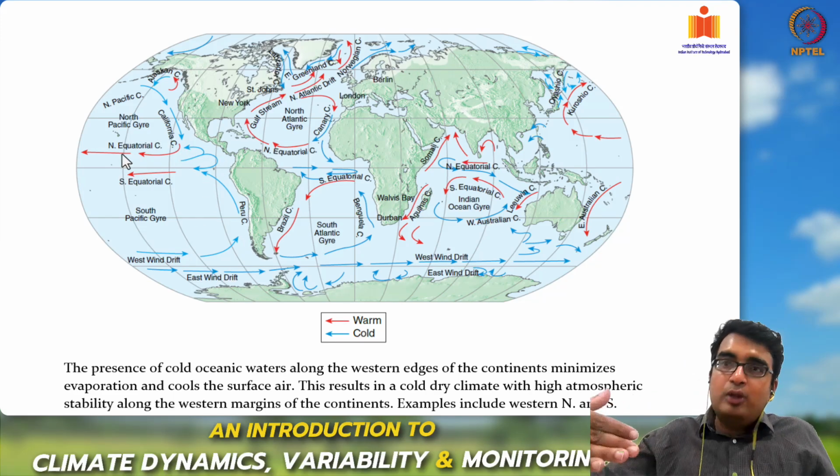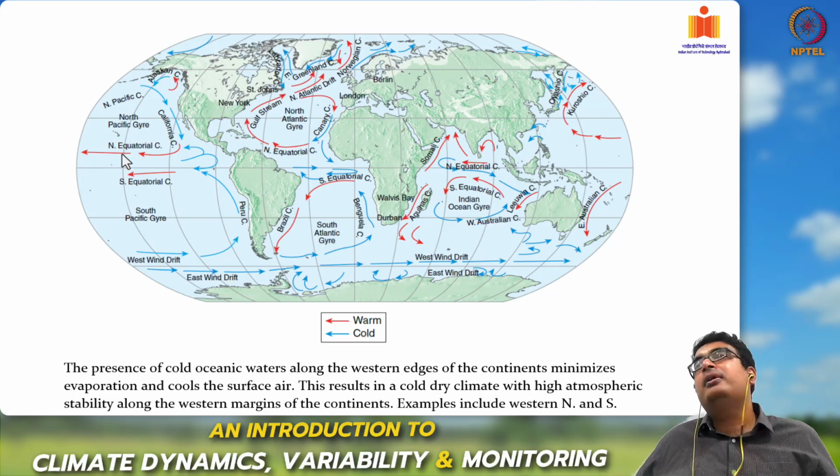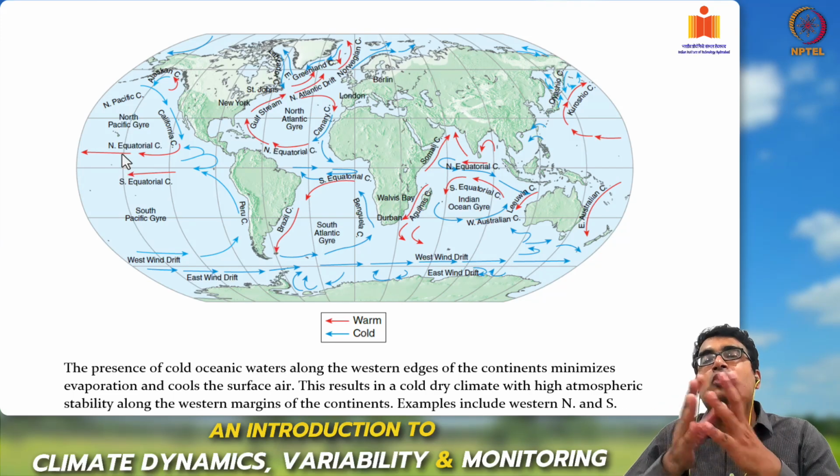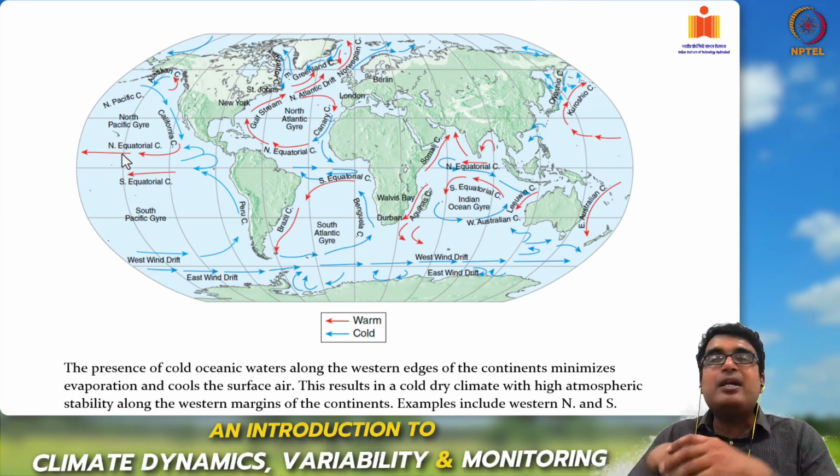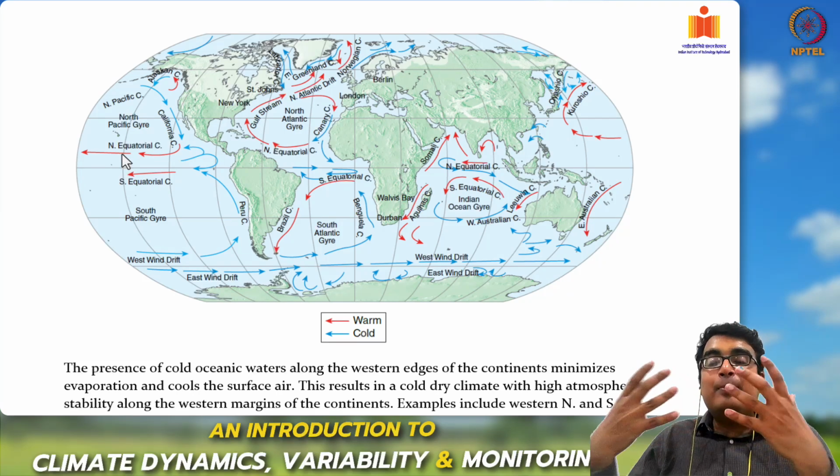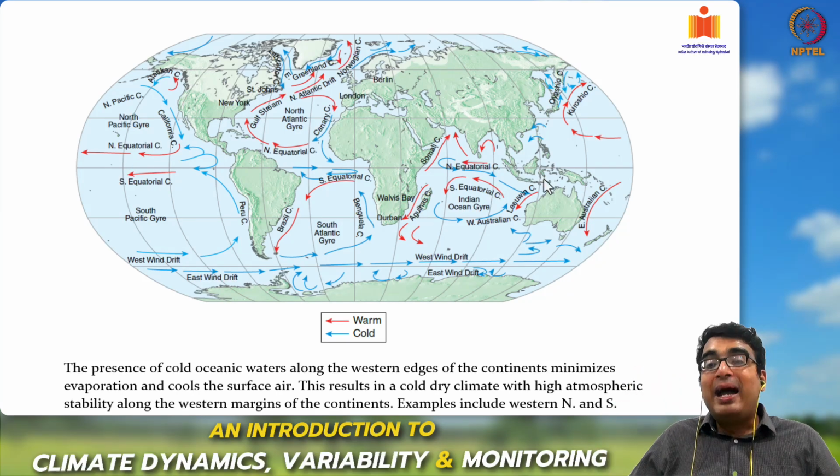Because these ocean currents move along the surface near the equator, they absorb a lot of solar radiation and heat up significantly and become extremely warm by the time they hit the Indonesian and the Australian coastline.